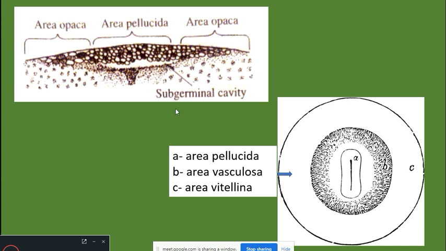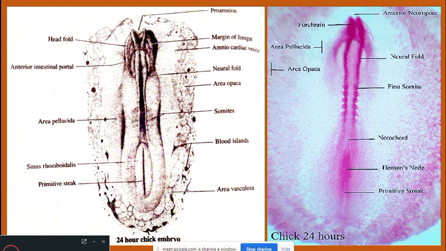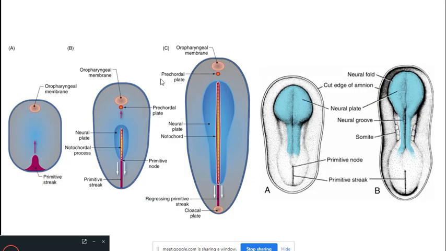So, these are the various features of a 24-hour chick embryo. We will just discuss again in a nutshell: the shortening of the primitive streak, distinctly visible area opaca and area pellucida, the differentiation of mesoderm into somite, intermediate mesoderm and lateral plate mesoderm, splitting of lateral plate mesoderm into somatic layer and splanchnic layer, then beginning of neurulation, we saw here the beginning of neurulation, the neural plate formation at 18-hour and neural fold formation at 24-hour.